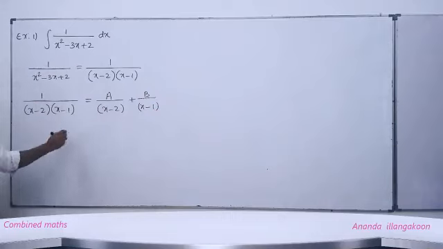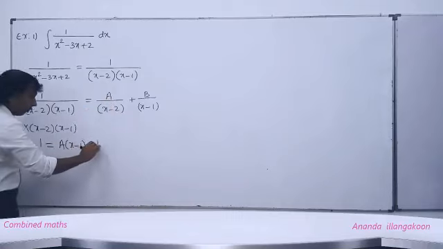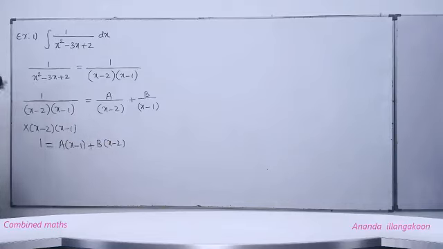Right, how to find A and B, people? First multiply both sides by (x minus 2)(x minus 1). Then this will be 1 equals A multiplied by x minus 1, B multiplied by x minus 2.